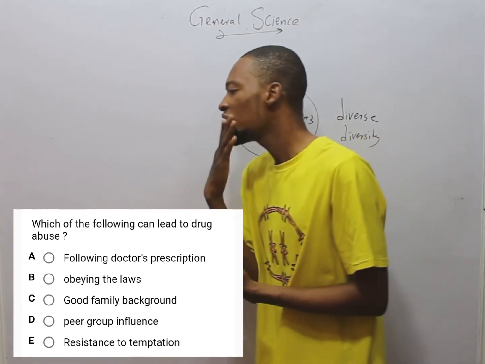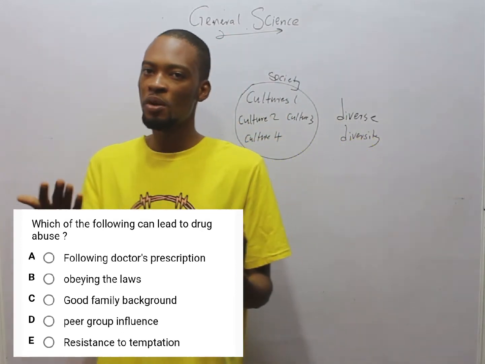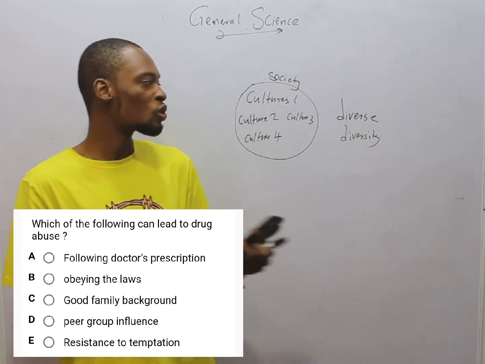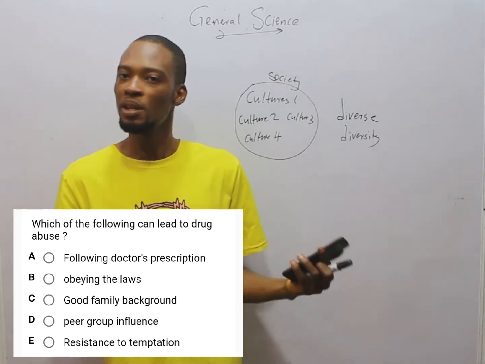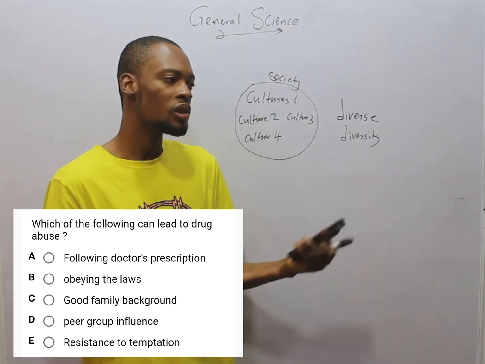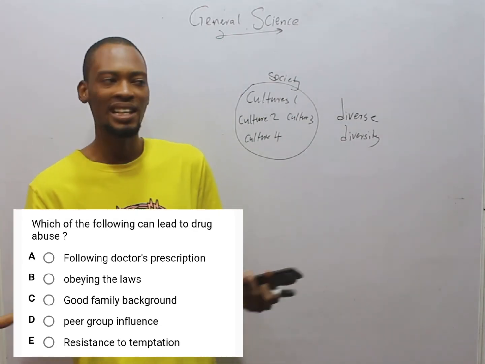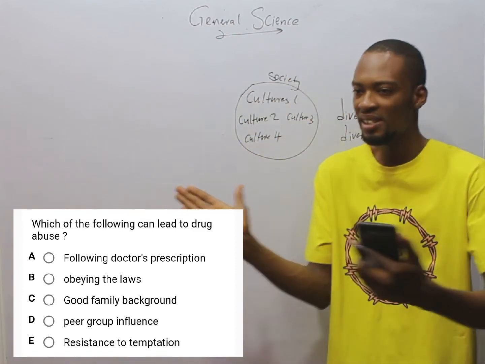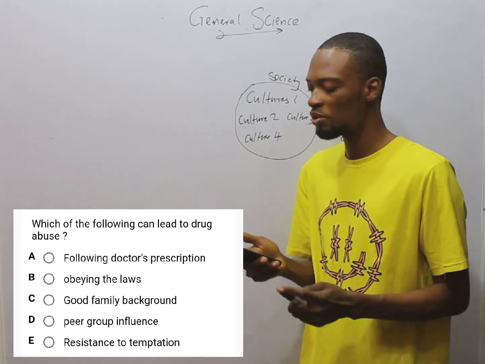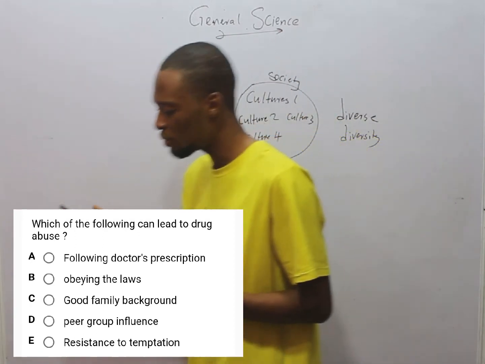And don't forget, evil communication corrupts good manners. As you are watching this, you want to study. Your friend can simply come and say, forget it, let's go and play ball. You say, it's true. You leave your study, you go and play ball. In that case, you are being influenced by friends. So peer group influence, your friends, your age range, they can lead you to abuse drugs.